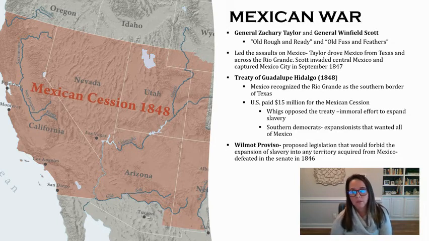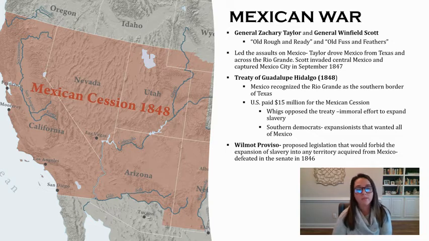So within a month into the war, that first year of the war, Wilmot proposed a piece of legislation where it says, okay, if this war is really about American blood being spilled on American soil, and it's not about expanding slavery, then let's right now pass a law that will prohibit slavery from expanding into any territory that is won from this war. And he proposed this piece of legislation.